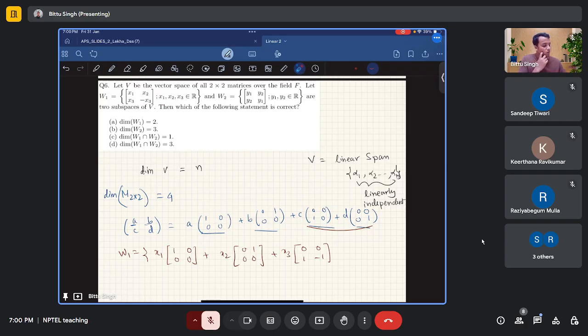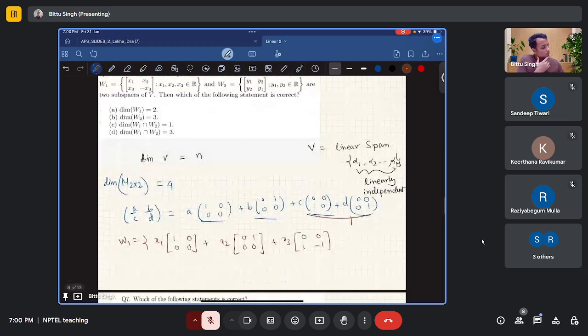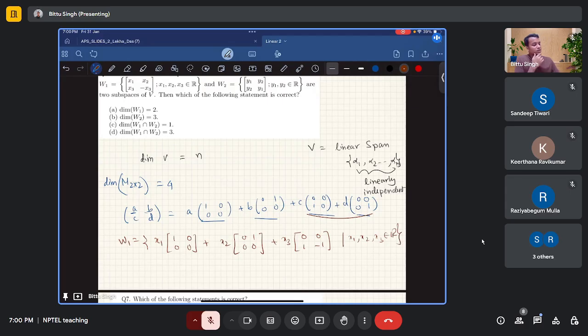Okay. So the condition is x1, x2, x3 are from R. So from here you can see that those 3 matrices are linearly independent. You can check that if this combination equals 0, this will automatically imply x1, x2, x3, minus x3 equal to 0, which means the 0 matrix, all entries are 0.